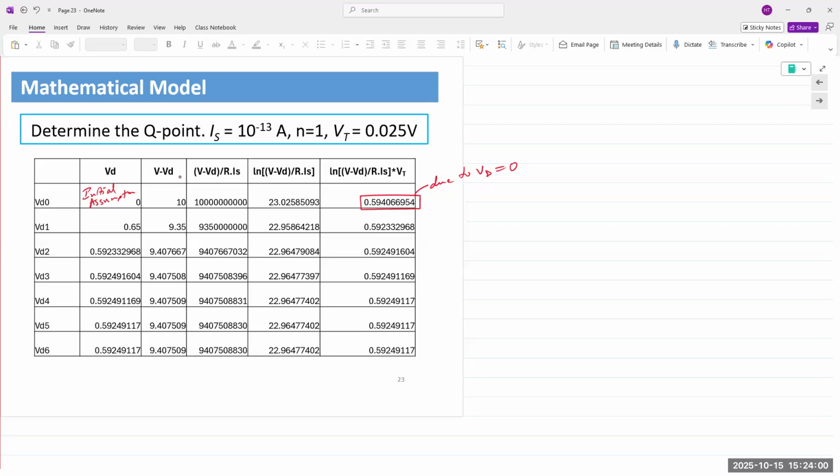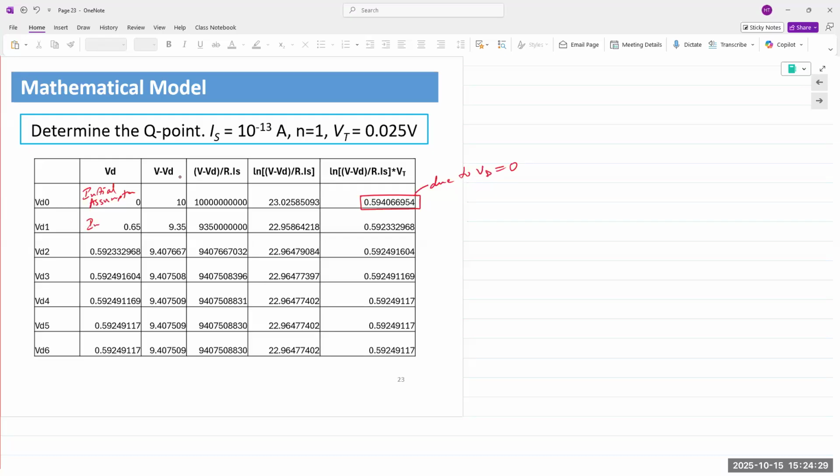Then I just want to show what happens if I choose a random number. Let's say I don't know whether this is a silicon diode or not, right? No other information is given. It doesn't say it's germanium, silicon, an LED, or gallium arsenide or whatever. Let me assume it's a silicon diode. Let me plug in 0.6 or 0.7. In this example, I plugged in 0.65.